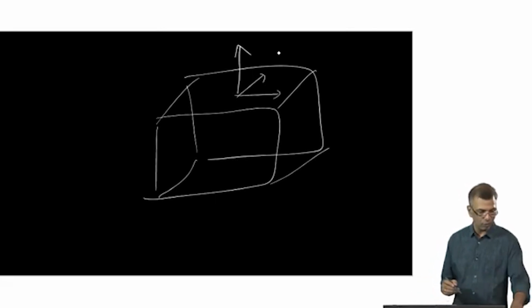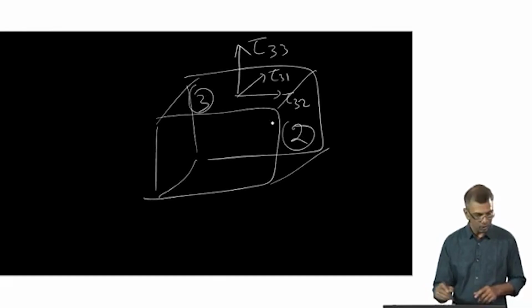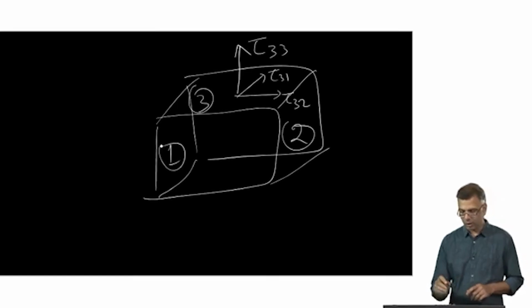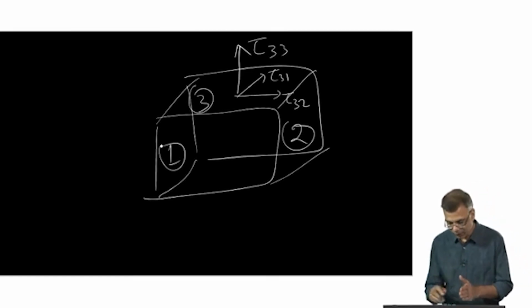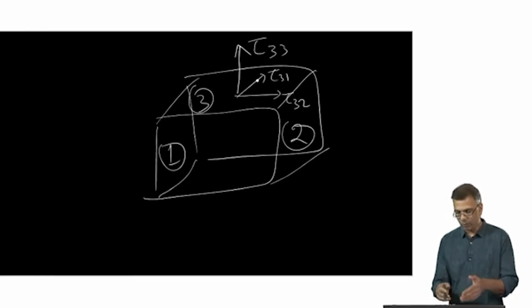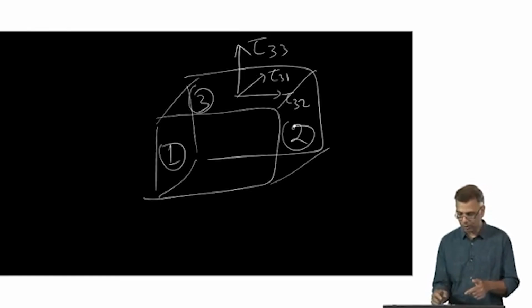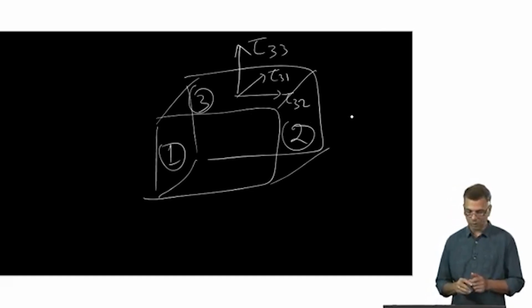So if I call this face 3, this face 2, and this face 1, then tau 3 would be the force per unit area acting on face 3 along the normal to the face, whereas another tau would be the force per unit area acting on face 3, but another component, along the normal to face 2.